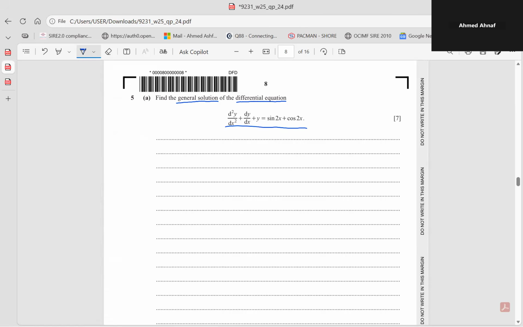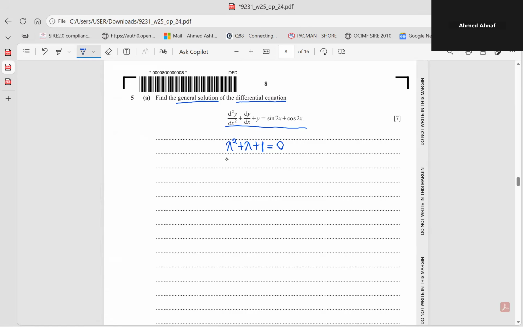To form that, you just look at the order of the derivatives. For second derivatives, you substitute lambda squared in its place. For first order, you substitute lambda. For non-derivatives like this y, you just substitute the coefficient of that term, which is 1. And the right-hand side, just ignore everything, substitute 0.